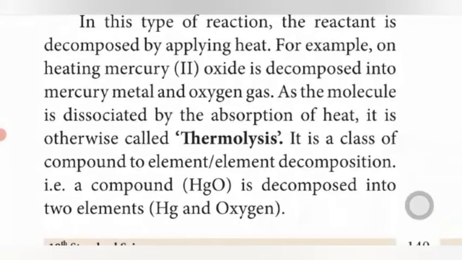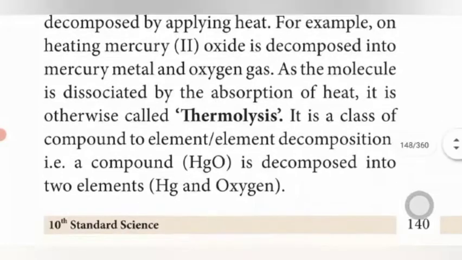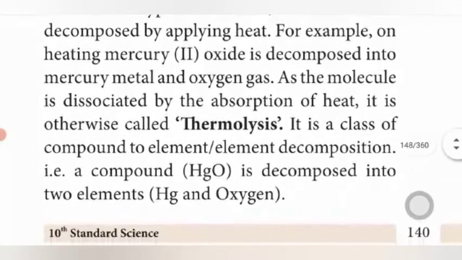It is a class of compound to element and element decomposition. The compound splits into two elements. The compound is mercury(II) oxide, HgO. This is decomposed into two elements. What are the two elements?